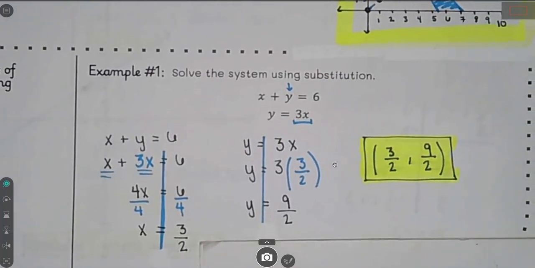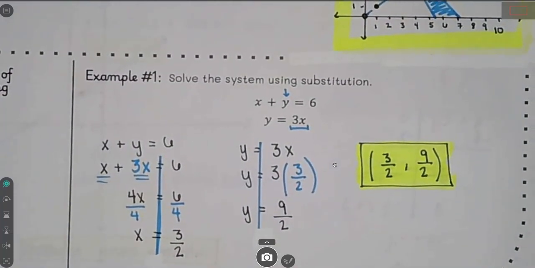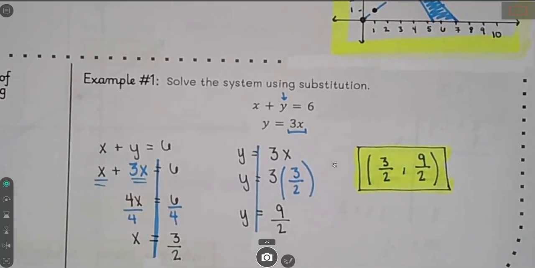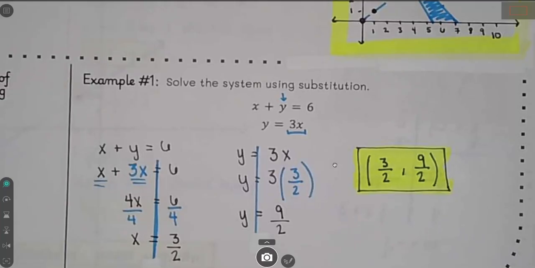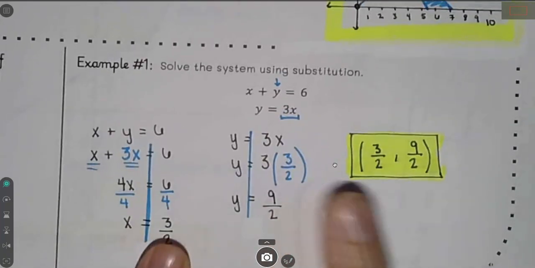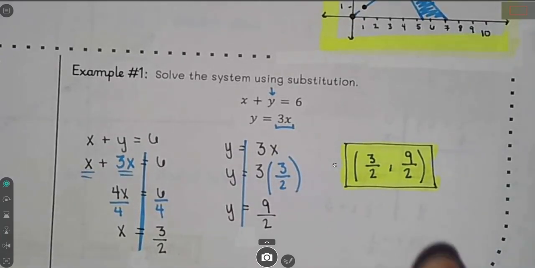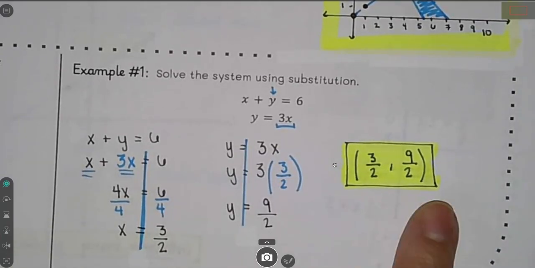You guys are allowed to use calculators on this test, but hopefully all of you know that 3 times 3 is 9. Okay? So the answer here would be 3 over 2, comma, 9 over 2. And what that means is that if you were to graph these, those 2 lines would intersect at the point 3 over 2, 9 over 2.